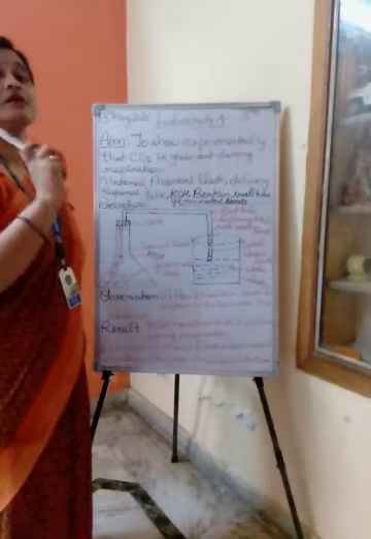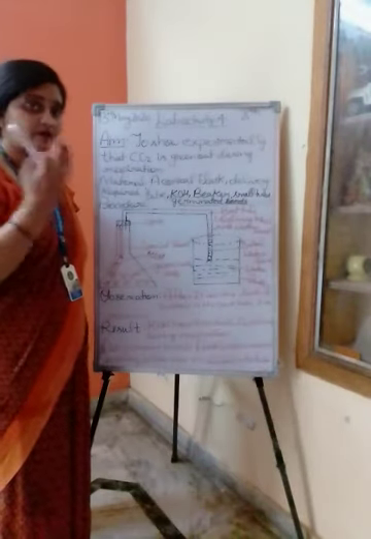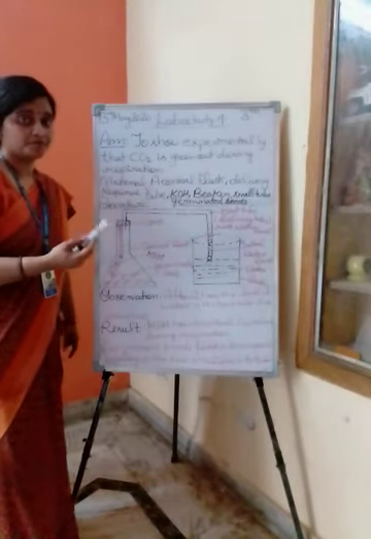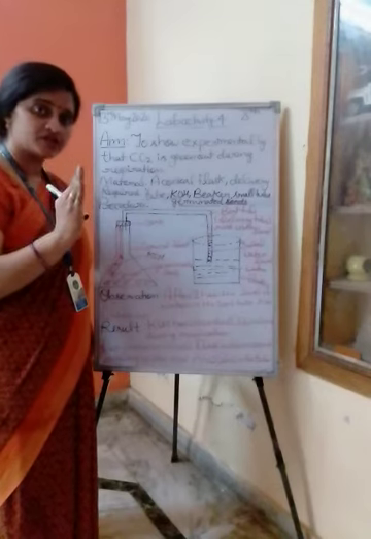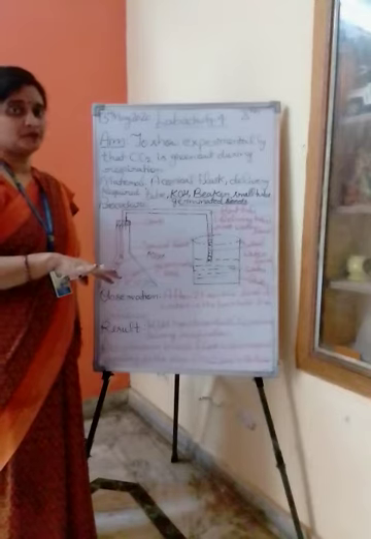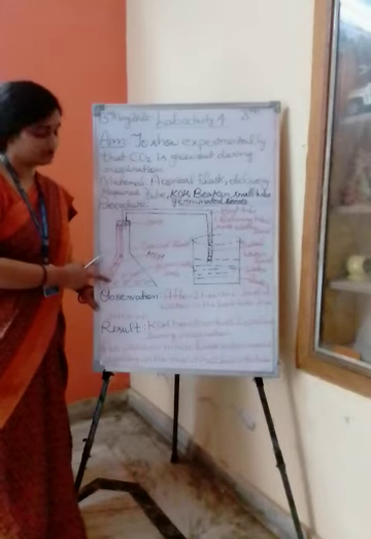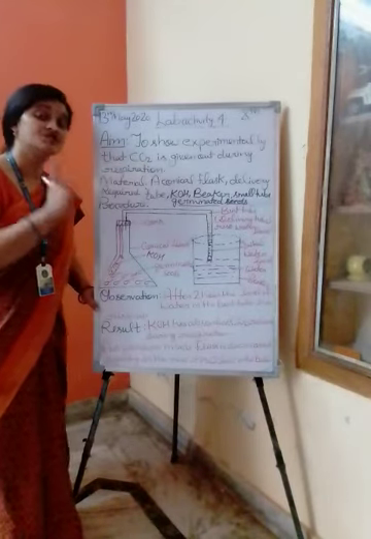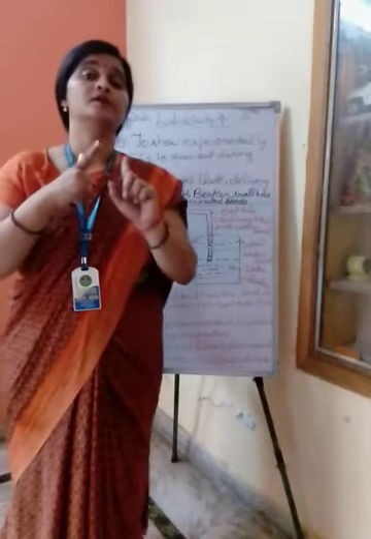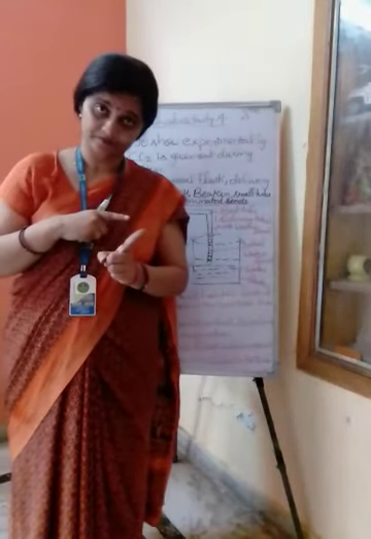If you use dry seeds, in the absence of moisture, what will happen? The rate of respiration of dry seeds is low. That is why we take only germinated seeds, because the rate of respiration of germinated seeds is higher.